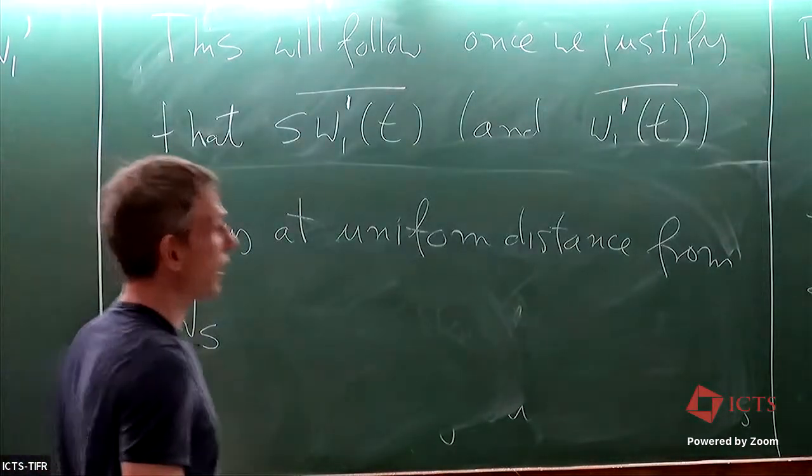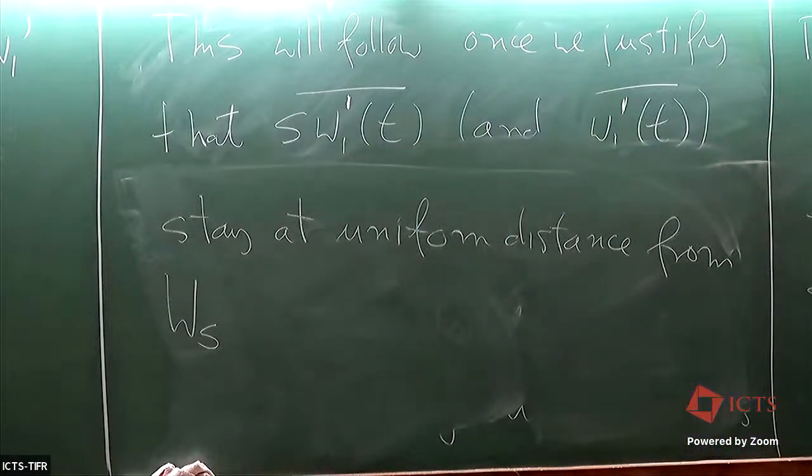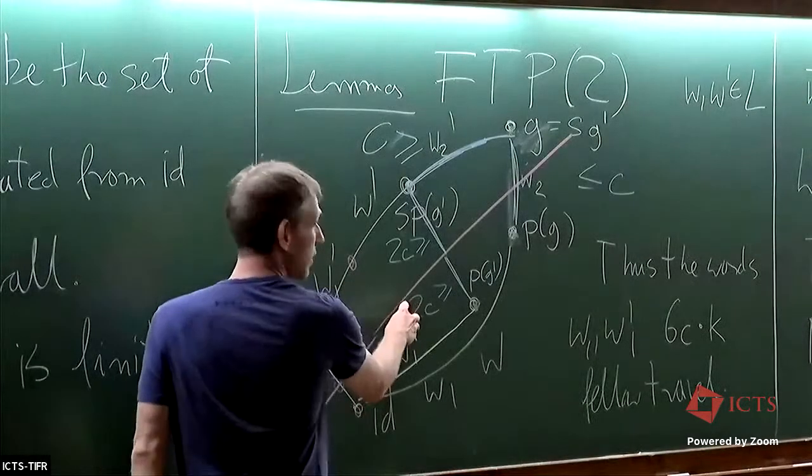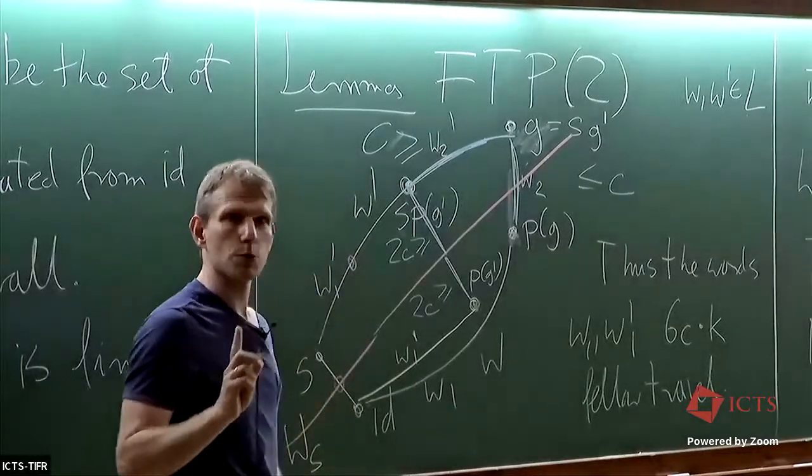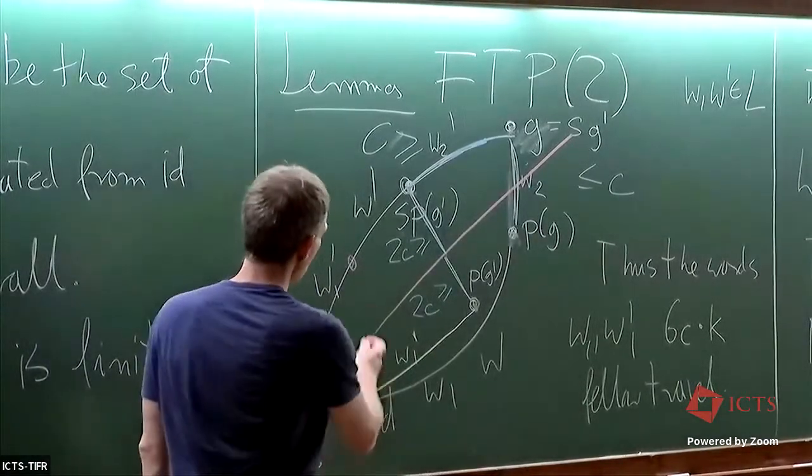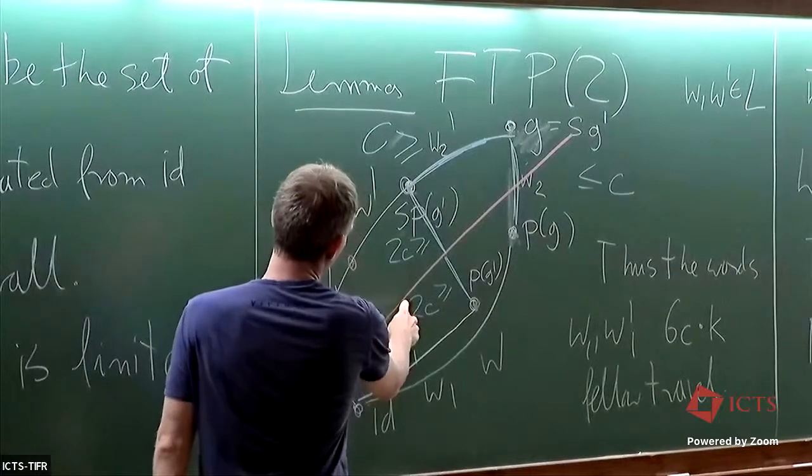So what happens if they are not? What happens if they happen to be at some point in distance larger than D from the wall? If some point here happens to be a distance larger than D from the red wall, then we use parallel wall theorem. There is a wall separating this point from the wall.